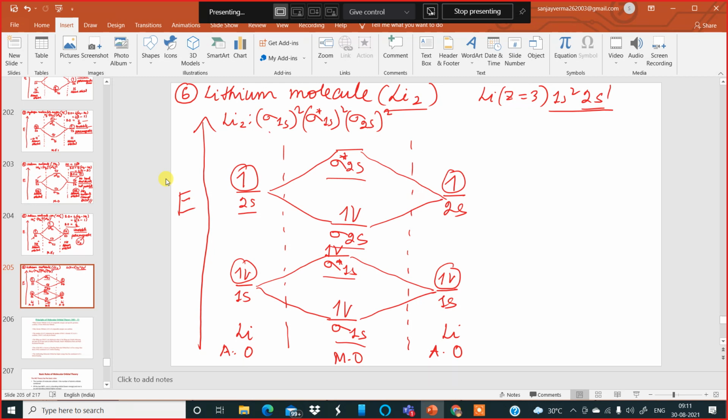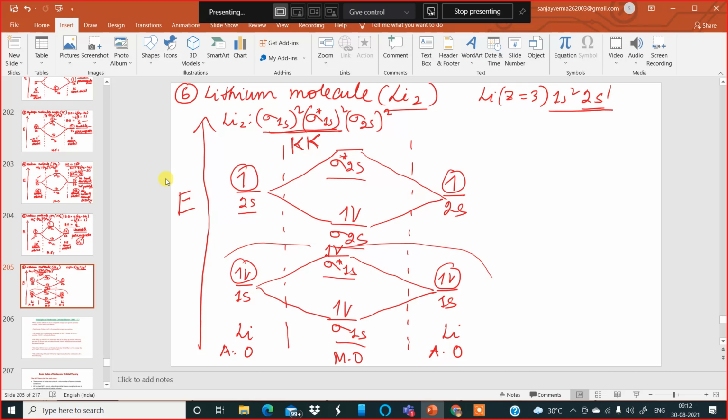That's it. These two inner shells can be written as KK. KK denotes the closed shell. Later, for higher atomic number molecules, you can just write KK, or LL, depending upon which molecule we are preparing.